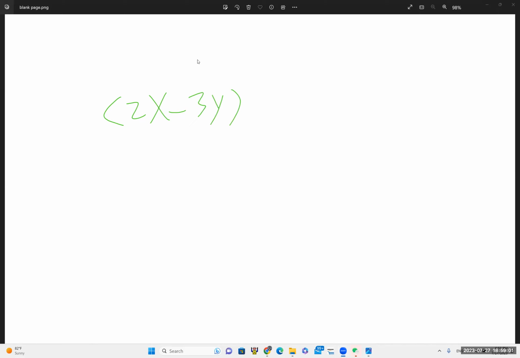But how about if it's this? Do you think you can expand it? If you take time, you could, but it's very complicated and really time consuming, right?